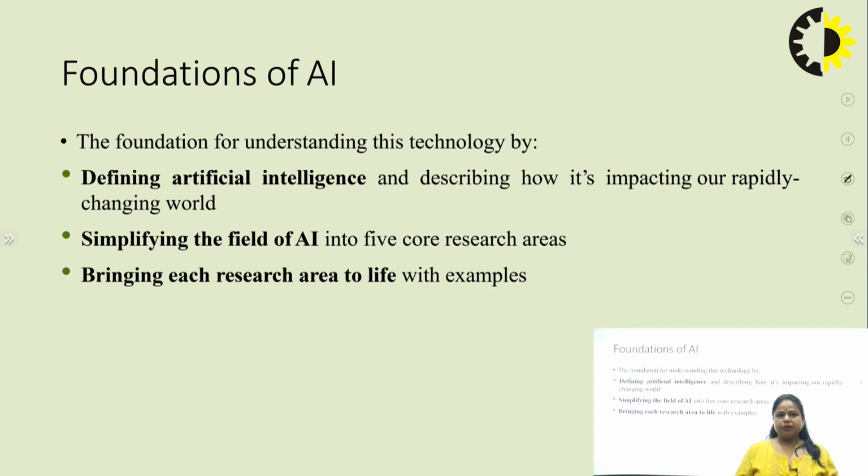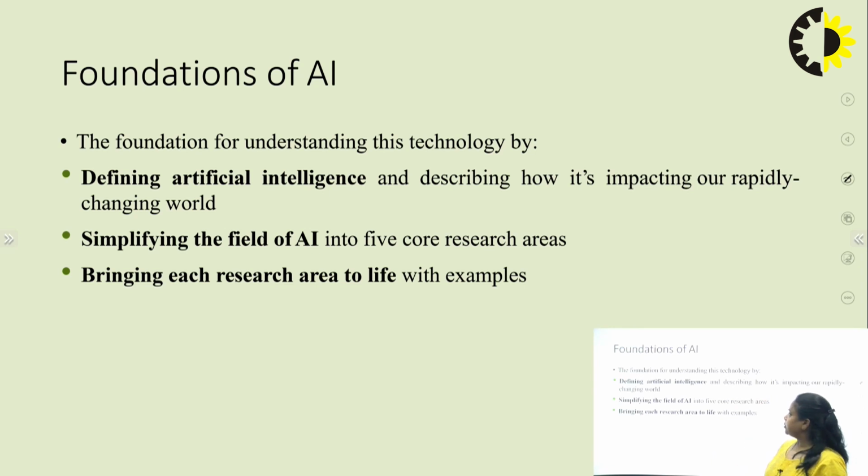Now, after that, we are going to talk about the foundations of AI, from where these terms are defined, how they are rapidly changing, and how their impact is being generated in real-world life.